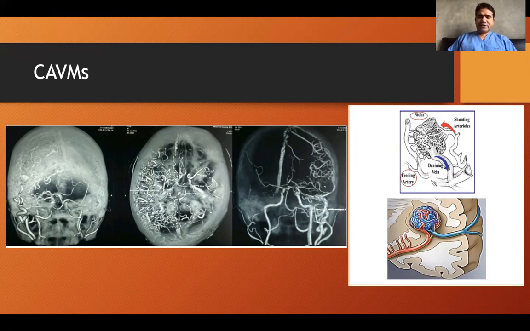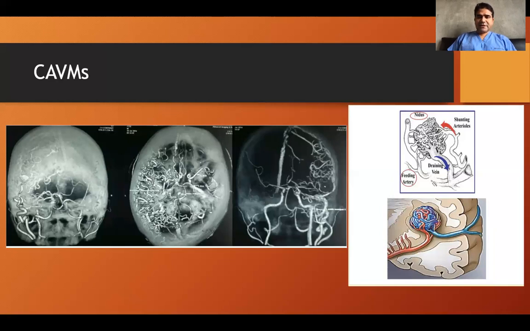Arterial feeders might be single or multiple. They might be pial, perforating, or dural. Direct feeders supply as terminal branches, while indirect feeders supply en passage.